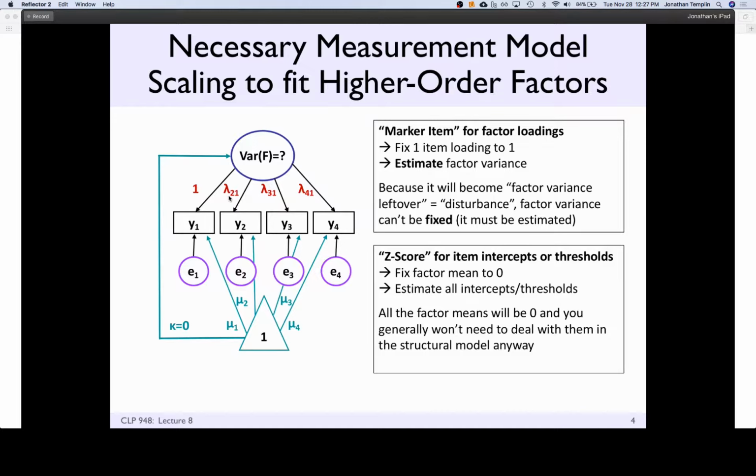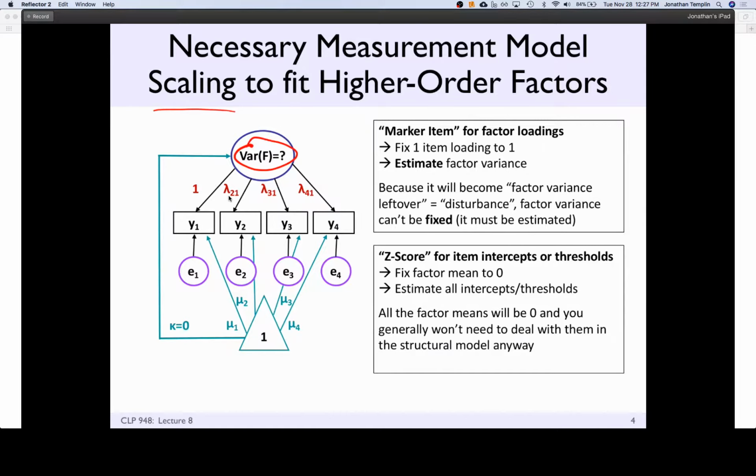So what do we have to do to scale the higher order factors? By scaling, what I'm talking about is how we need to identify the variance and the mean to make this model work. For each one of the lower level factors, we need an estimate of the factor variance.